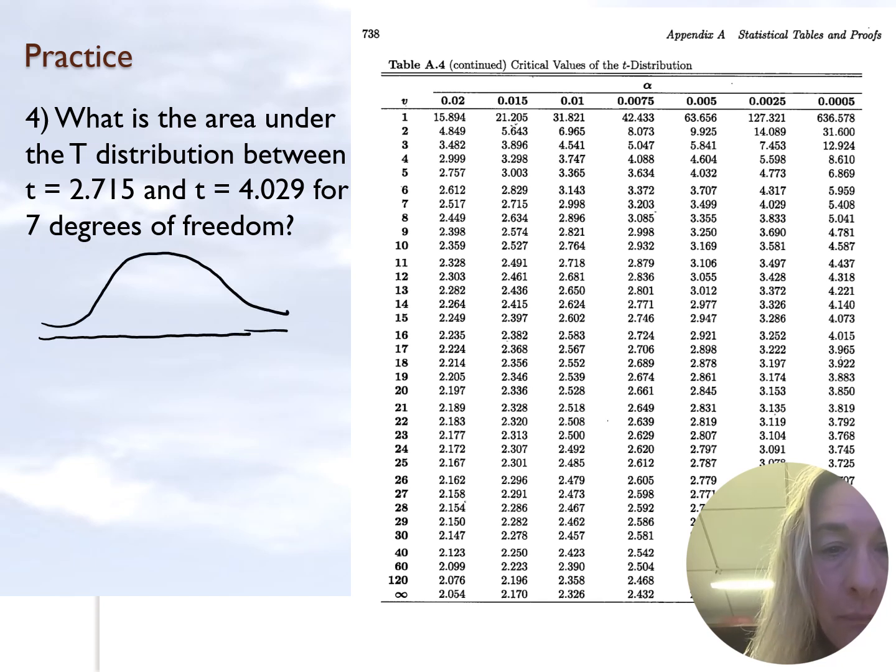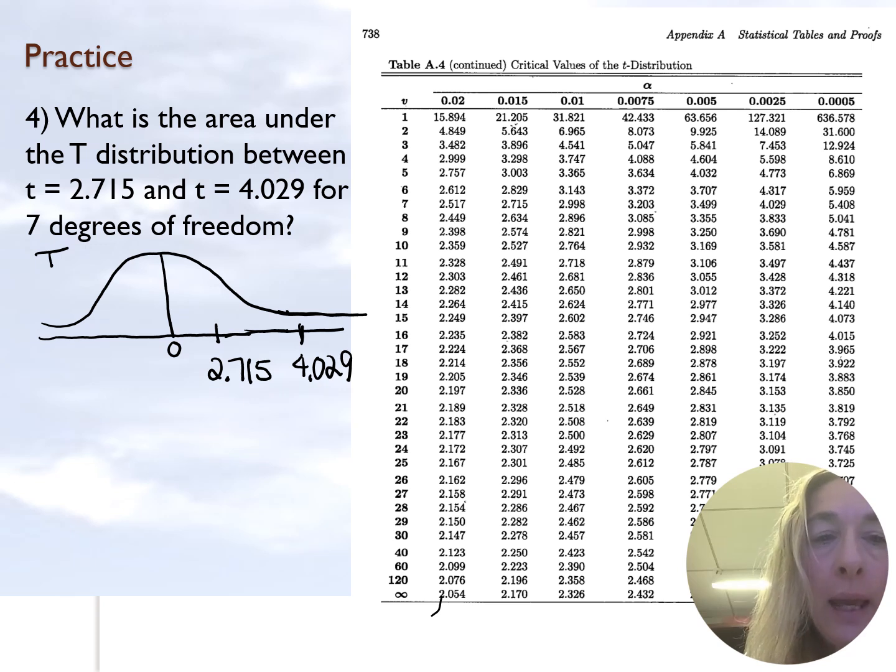Okay, this is our t curve. Going to draw in our 2 critical values for t. And it's telling us there are 7 degrees of freedom, so we're going to just underline that right now.